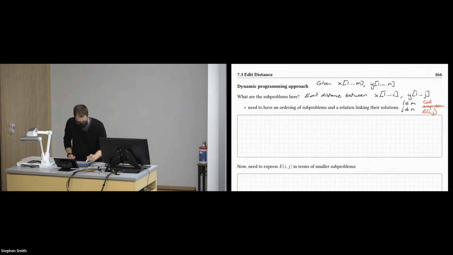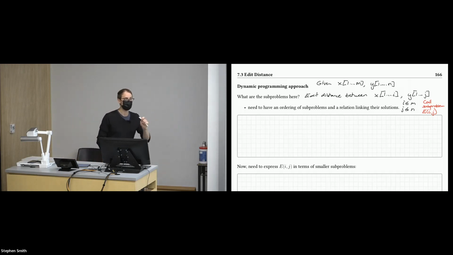That was supposed to be step number one: what are the subproblems? Step number two is that I need an ordering of the subproblems and a relation linking their solutions.